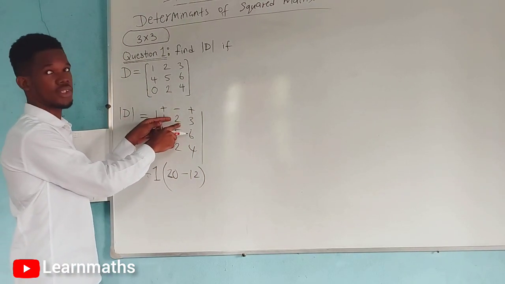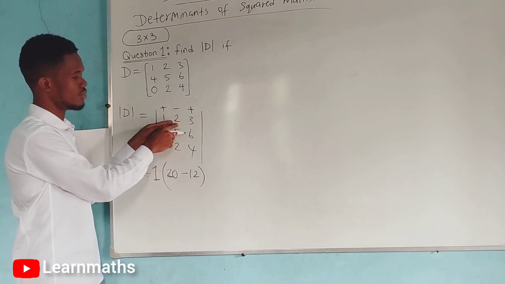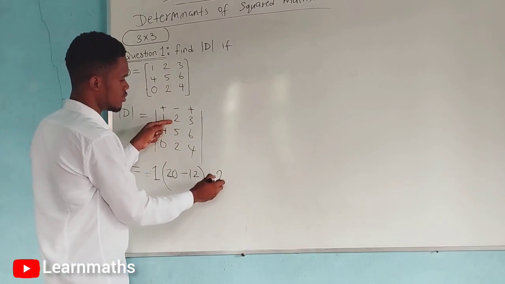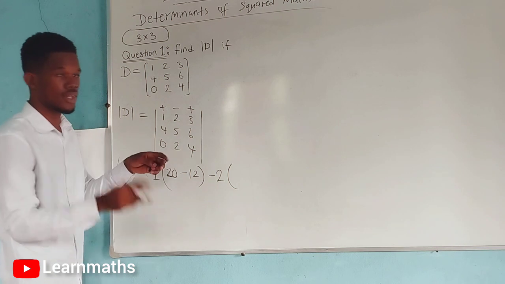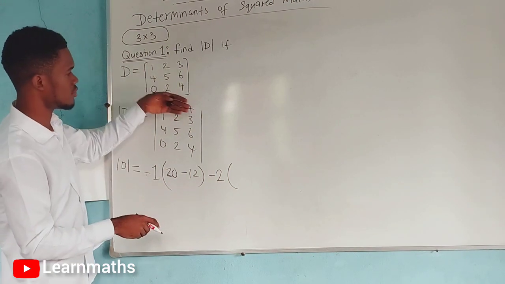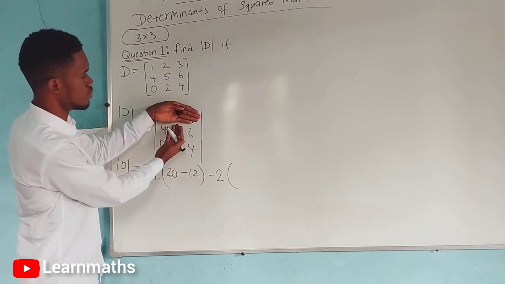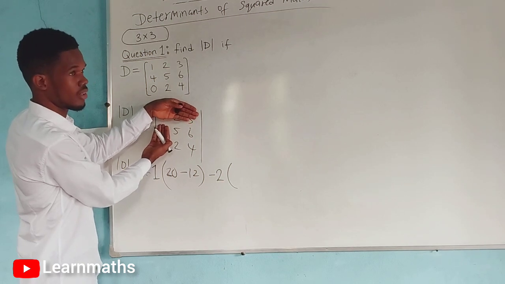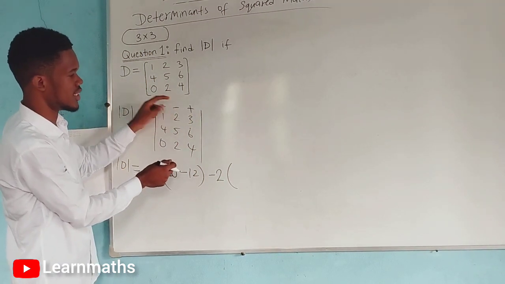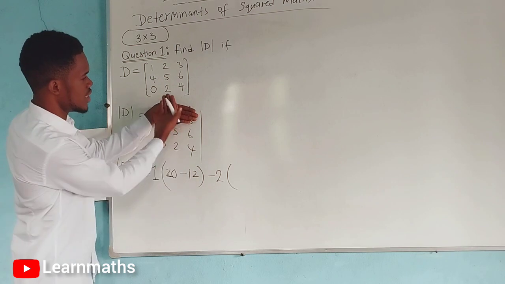The next number we're going to take into consideration is negative 2, right? You see this negative 2 is located at row 1, column 2, not column 3. It's the intersection of this first row with the second column.